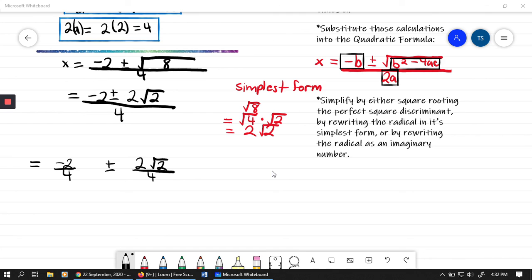But anyway, we were saying that we could split this up into 2 separate fractions, and again, I was going to show you how to simplify those fractions.